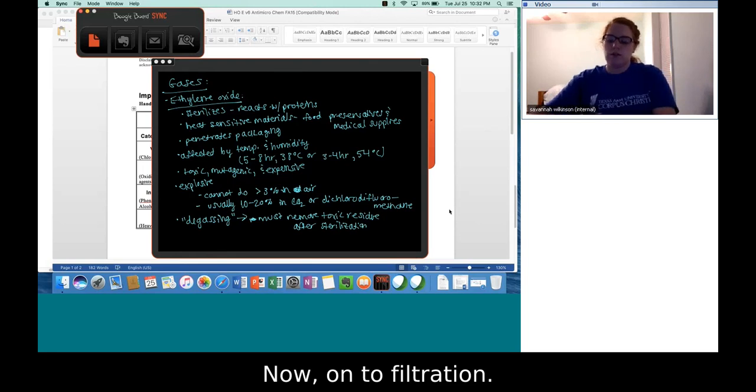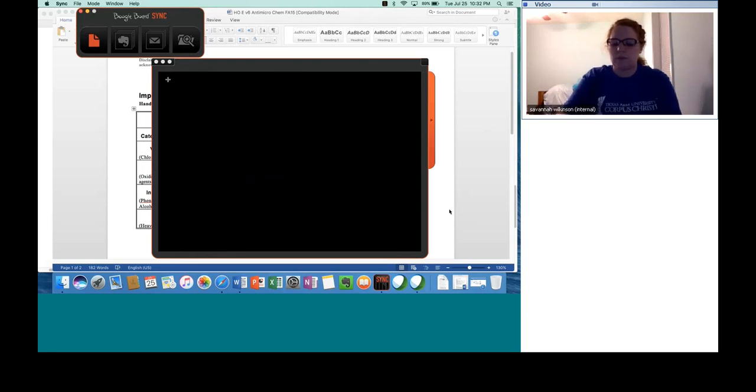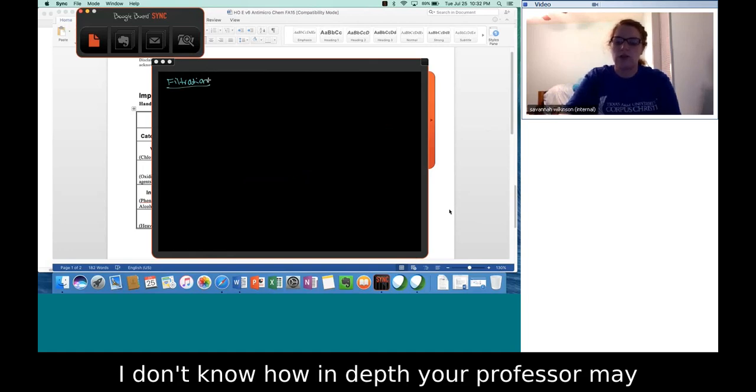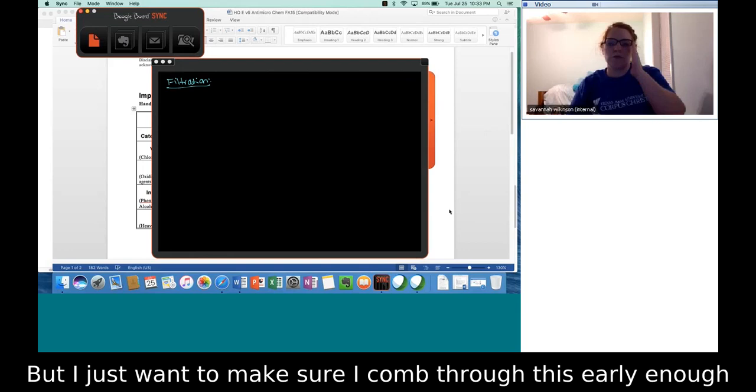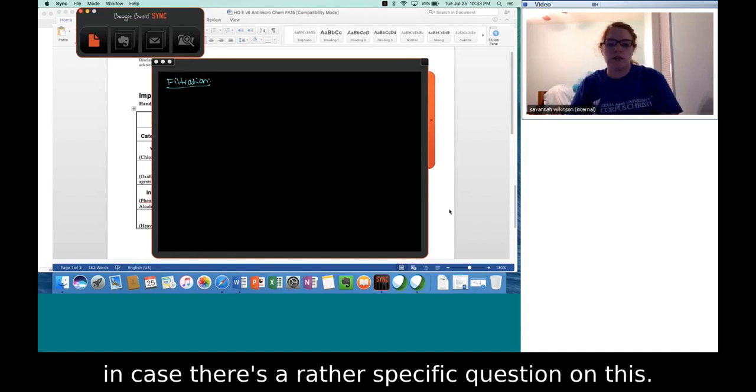Now on to filtration. I don't know how in depth your professor may ask about filtration or gases, but I just want to make sure I comb through this thoroughly enough in case there is a rather specific question on this.